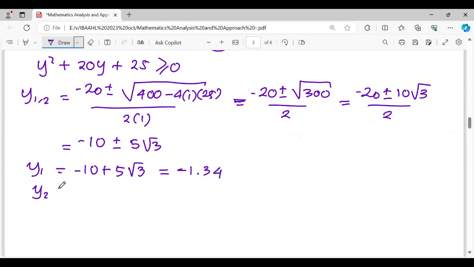And y2 is minus 10 minus 5 square root 3, and in decimal it is minus 18.7. Now we're going to find the solution area.